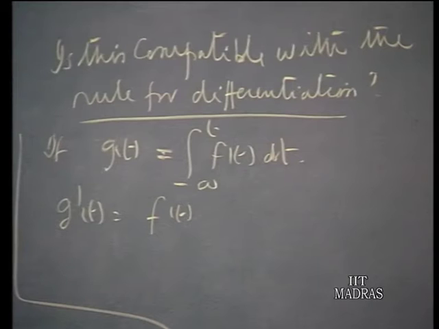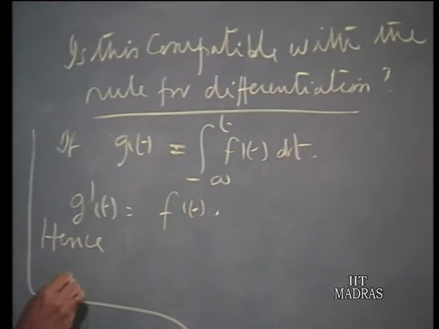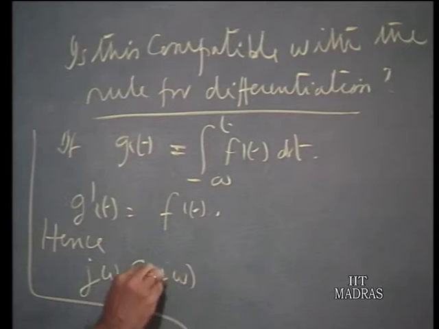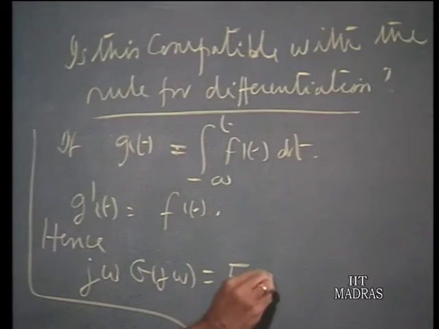Therefore, if the Fourier transform of g of t is G of j omega, then j omega multiplied by that must be the Fourier transform of f of t. Hence, j omega times G of j omega must be equal to F of j omega according to the derivative rule.